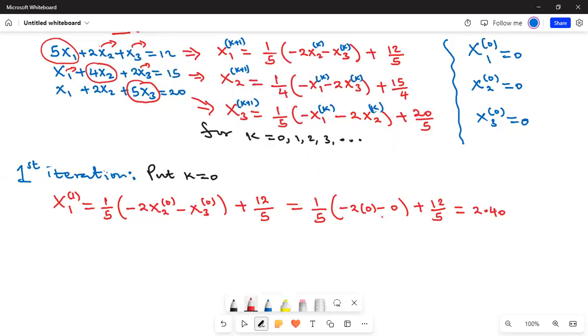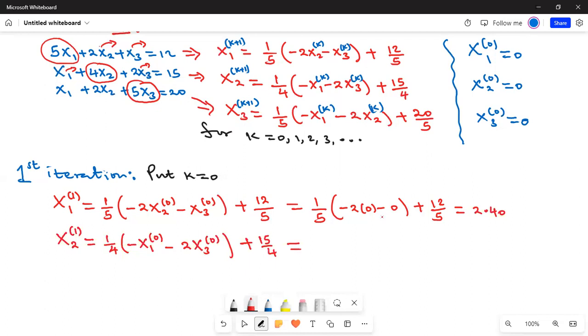Equation 2 will give you x2 at level 1 is equal to 1 over 4 times negative x1 at level 0 minus 2x3 at level 0 plus 15 over 4.